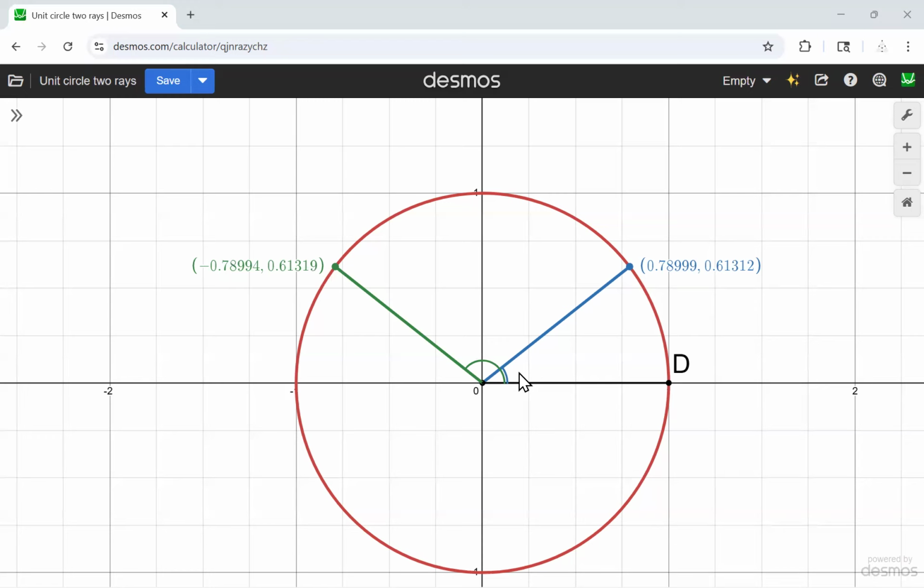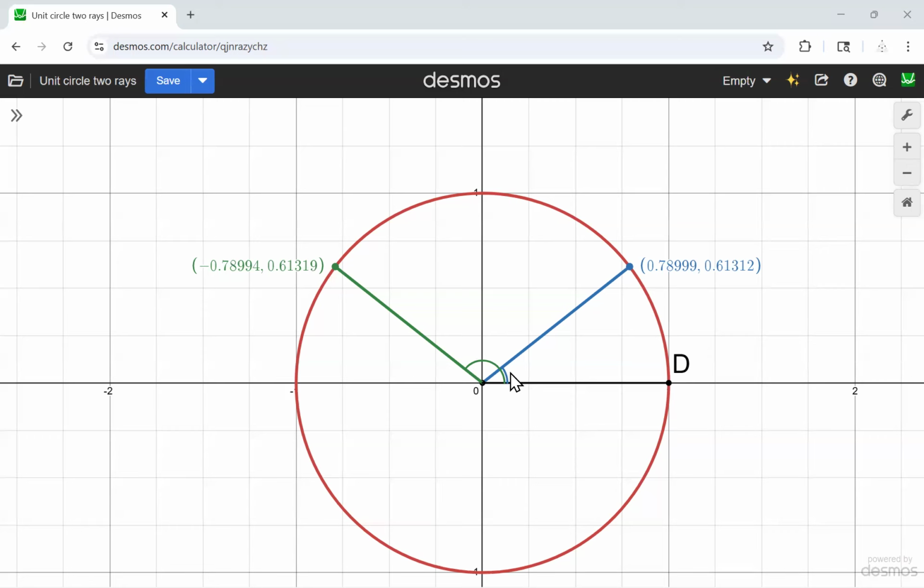However, if I go to this angle, the green angle, we also have the same y value, roughly. It's not perfect, but of about 0.613. So both of these angles are going to be legitimate angles where if I plug in sine of that angle, I get about 0.613.